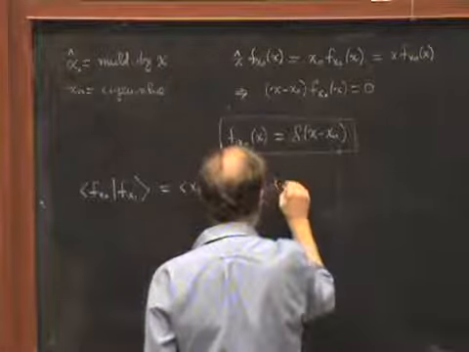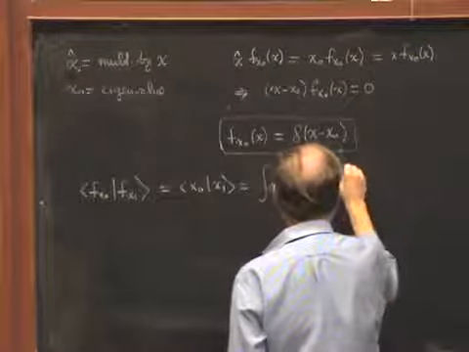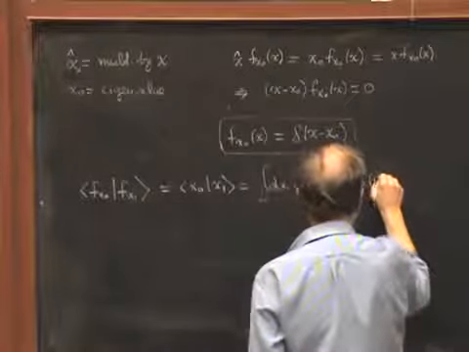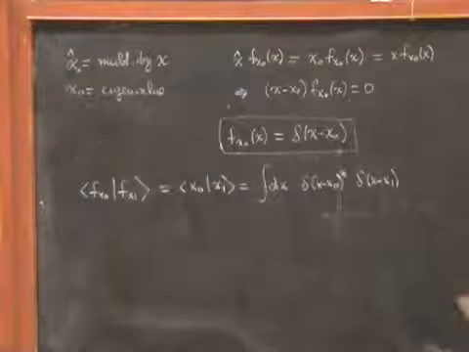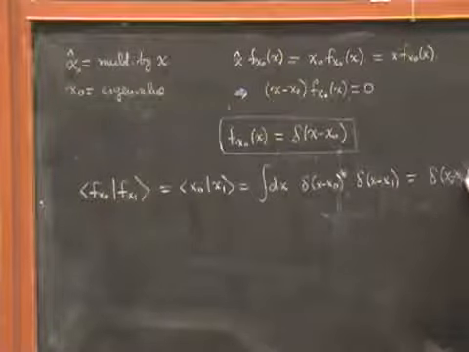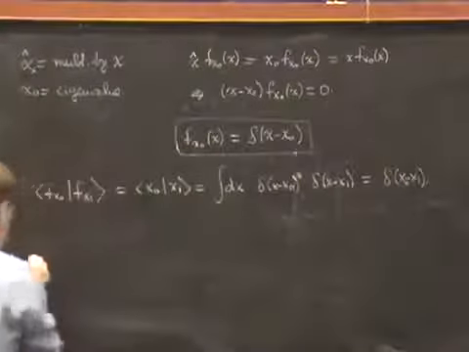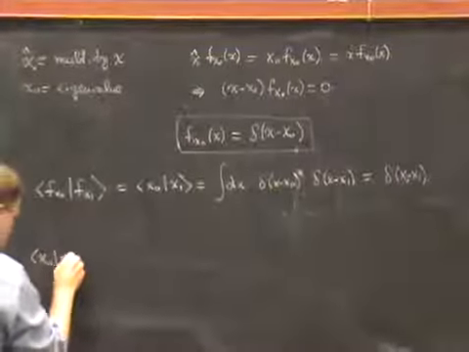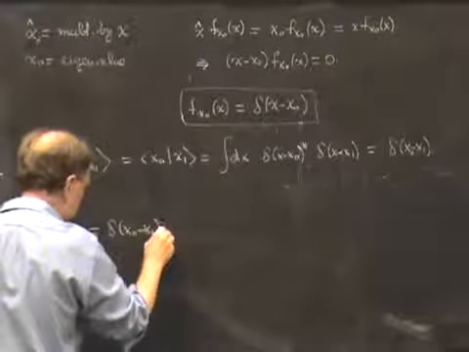This is the same thing as the integral over x of delta of x minus x0 complex conjugated times delta of x minus x1. Well, the delta function is real, so the star doesn't do anything, and if you do the integral, you get delta of x0 minus x1. So comparing to what we have up above, we have something similar in the x representation: the scalar product ⟨x0|x1⟩ is a delta function of x0 minus x1.